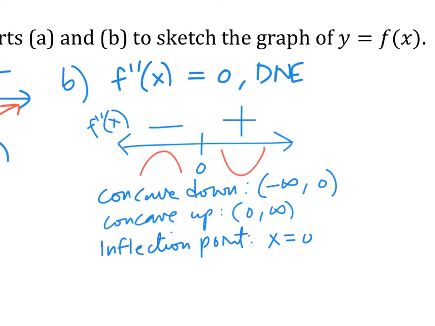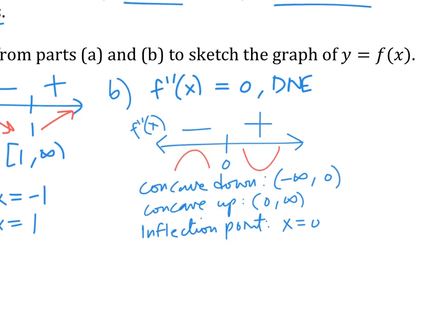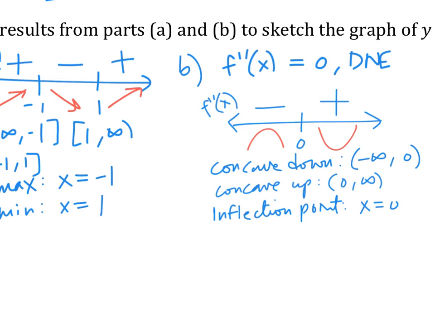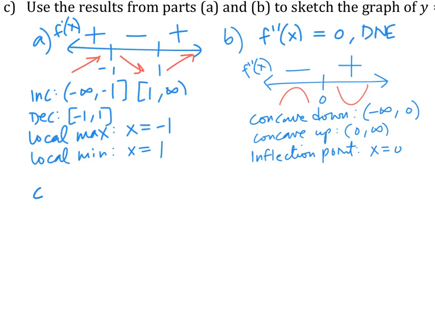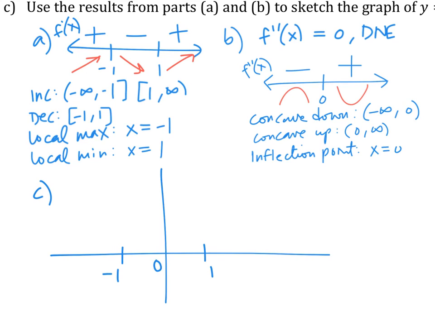The last part is the hardest part, I think. You use everything you have in A and B, and you have to sketch the graph of the original function. Okay, C. What you're going to do is draw in all the interesting points, your critical points and your inflection point. This is the part I don't like.